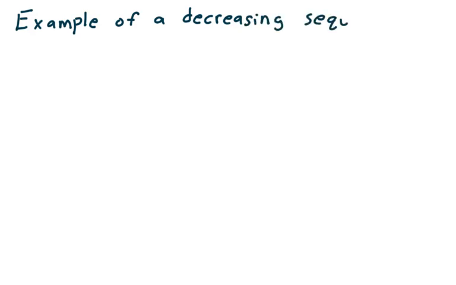Now, let's take a look at an example of a decreasing sequence. So for this one, I'm going to let a sub n equal, we'll just do 1 over n. Now, if I replace n with 1, I get 1.